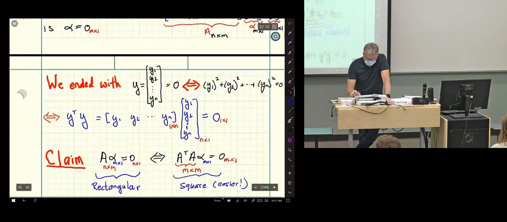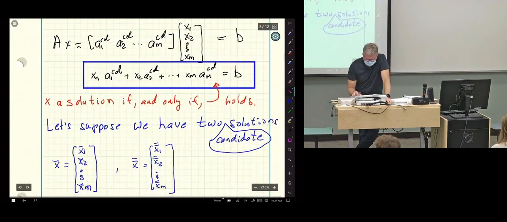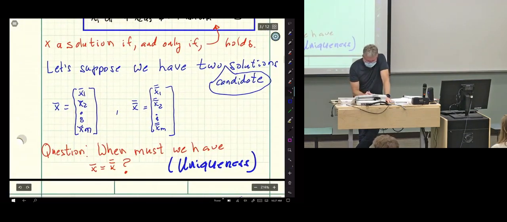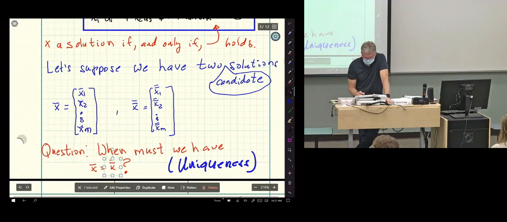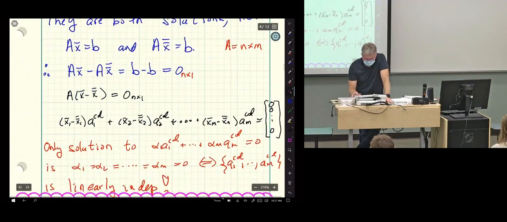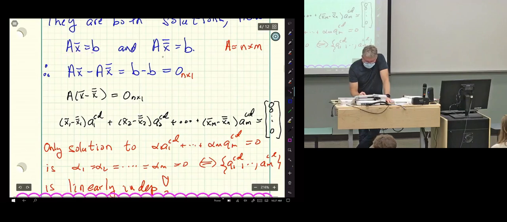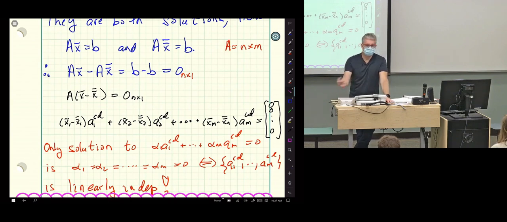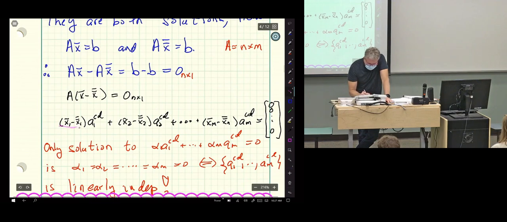What we hadn't worked out was, where do those coefficients come from? And it is you take two different solutions. They have to satisfy the equation. And so you end up with A times X bar minus X double bar equals 0. And then you write that out, and the columns of A just pop out into your hand. And the coefficients are the differences between the two solutions.